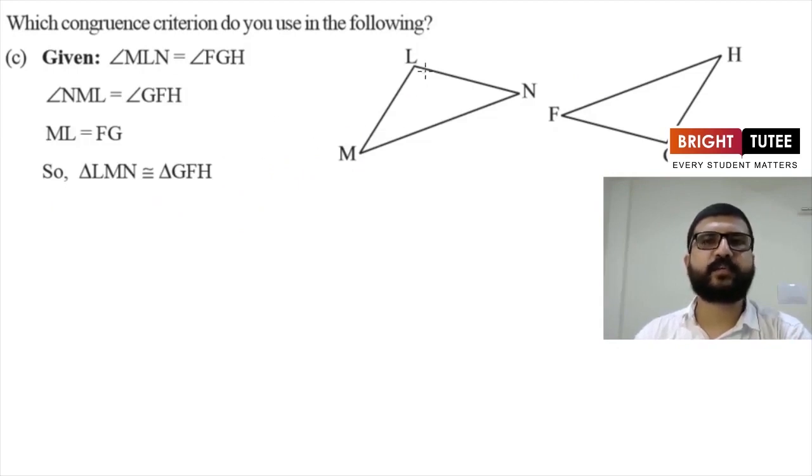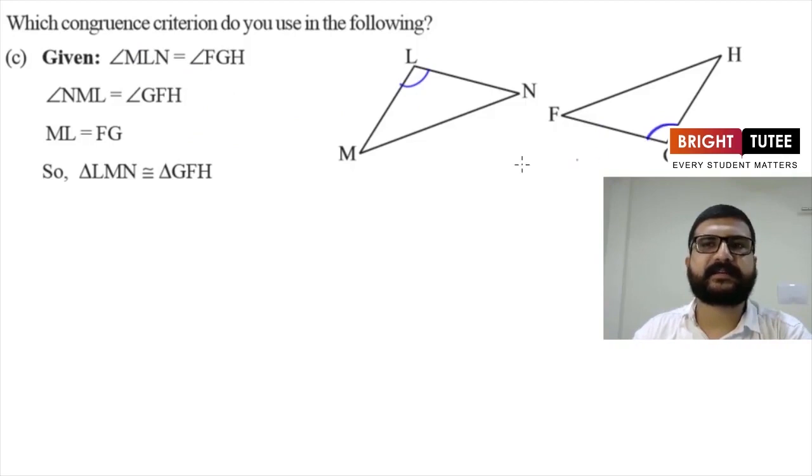So here also we are having two triangles, triangle MNL and the second triangle is FGH. We have to tell by which criteria these two triangles are congruent. First, let's see what are the things given to us. Here, angle MLN is equal to angle FGH.